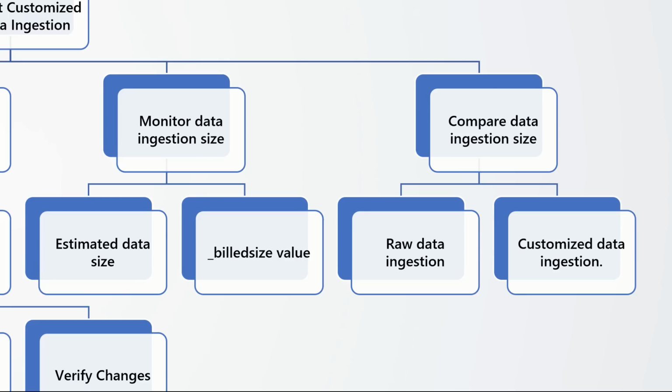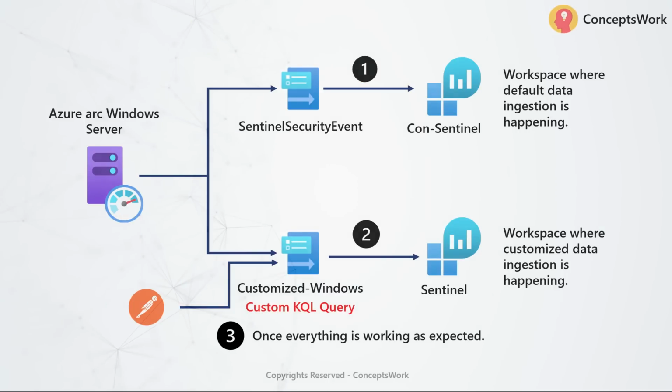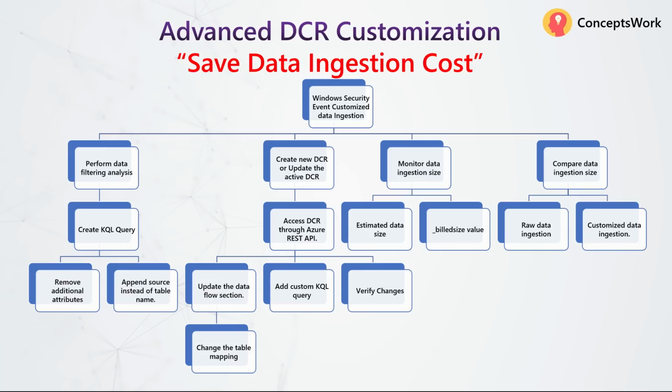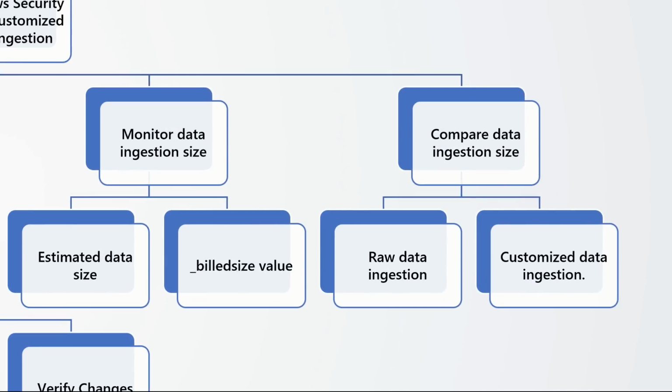Now, if you guys recall, this is what it is. Okay, as of now, this machine is using this DCR to send raw data ingestion. We have completed this particular part, and now I'm going to just scope this machine to this particular DCR so that we can see the customized data ingestion. And then again, we'll resume with our last step of comparing data ingestion size.